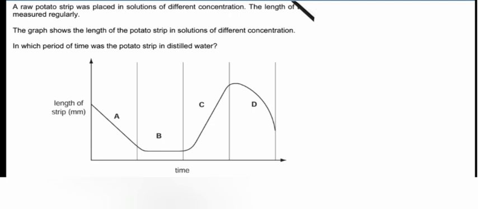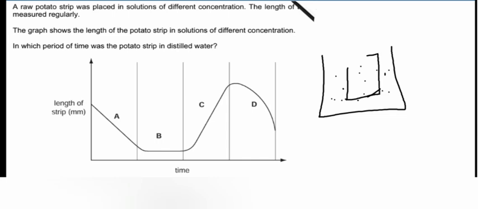So when a potato is placed in distilled water, it is going to gain water by osmosis. Suppose we have a beaker, and in this beaker we have the distilled water and also the raw potato. Water is going to enter the potato, meaning the potato is going to increase in size.